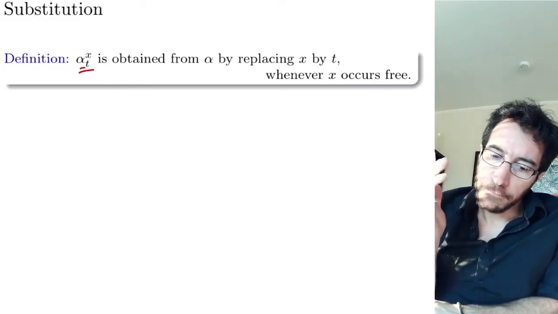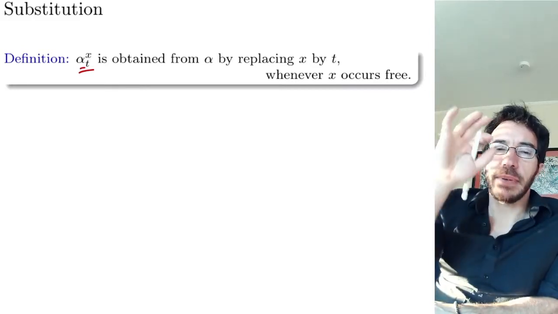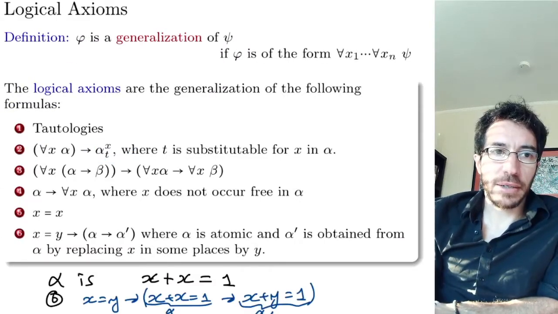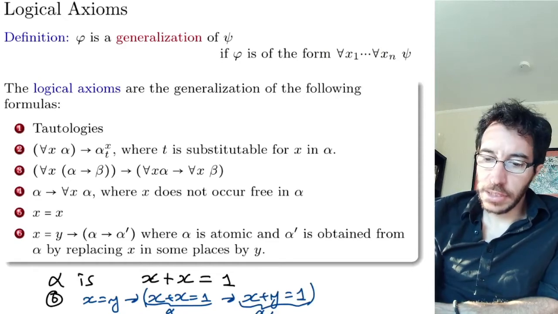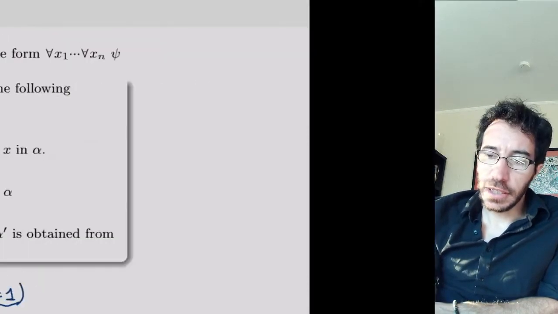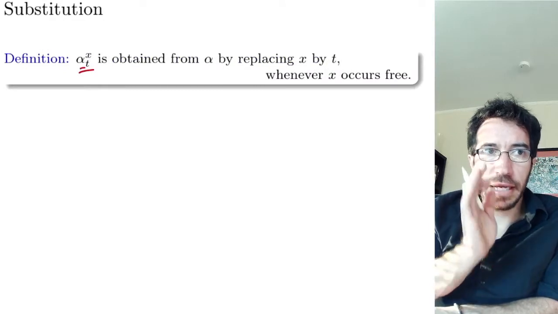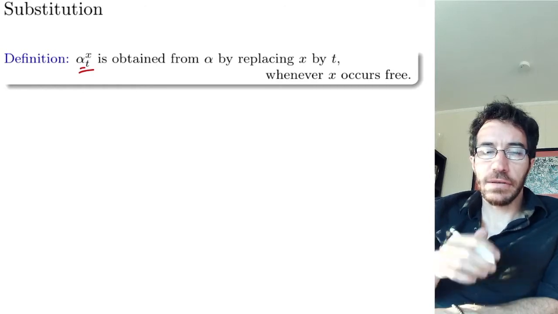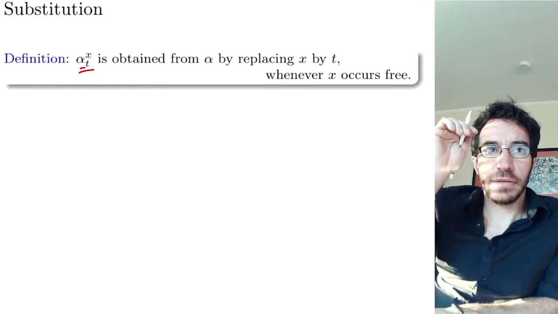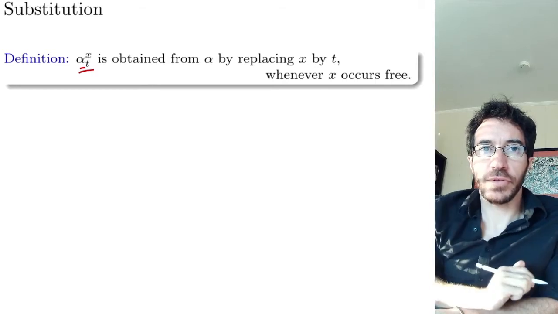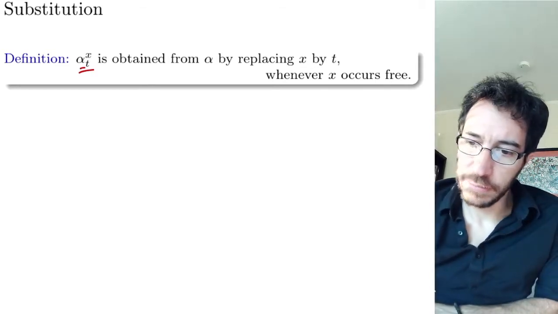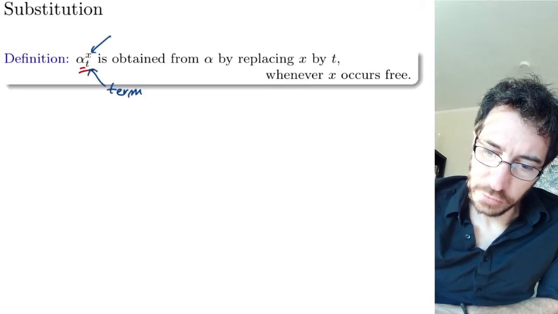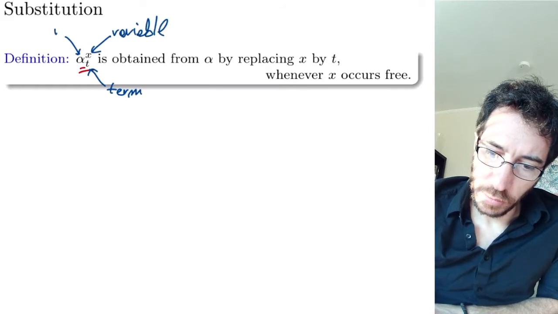You just take the x and replace it by t, and in this case it's not just some places, like we did before where we chose to replace it in one case but not in the other. Here we are just replacing everywhere it occurs free. That's what you do when you write alpha x t. So find the x's and replace them with t's, where t is a term, x is a variable, and alpha is a well-formed formula.